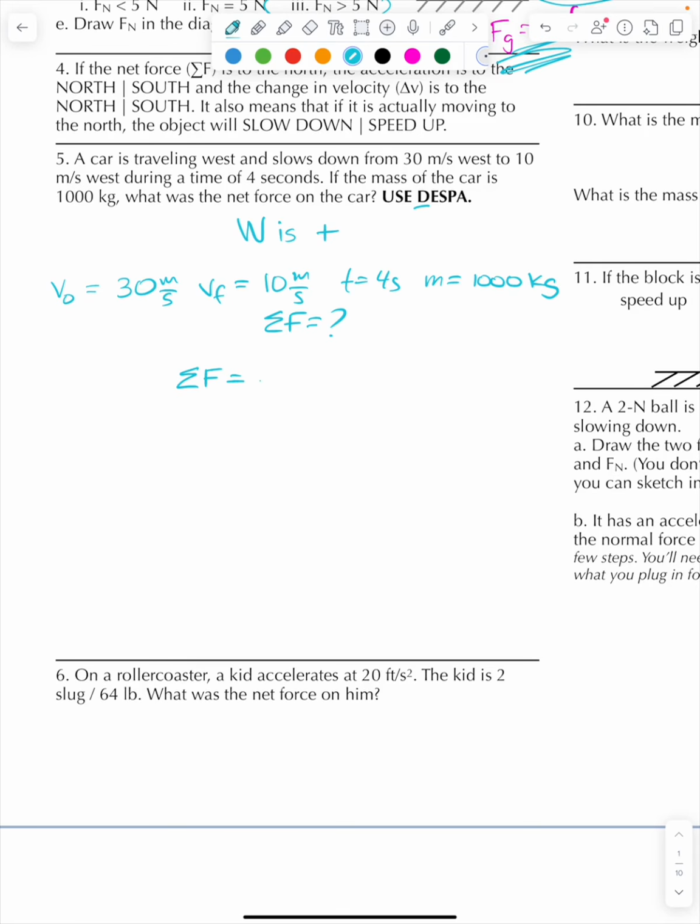Well, the one equation that we have with net force in it is net force equals mass times acceleration. So then you can kind of do some planning. You can say, well, I got the mass, check, that's over here. So if I can get the acceleration, I can finish this problem. So it comes down to somehow finding the acceleration from this information and then multiplying it by the mass.